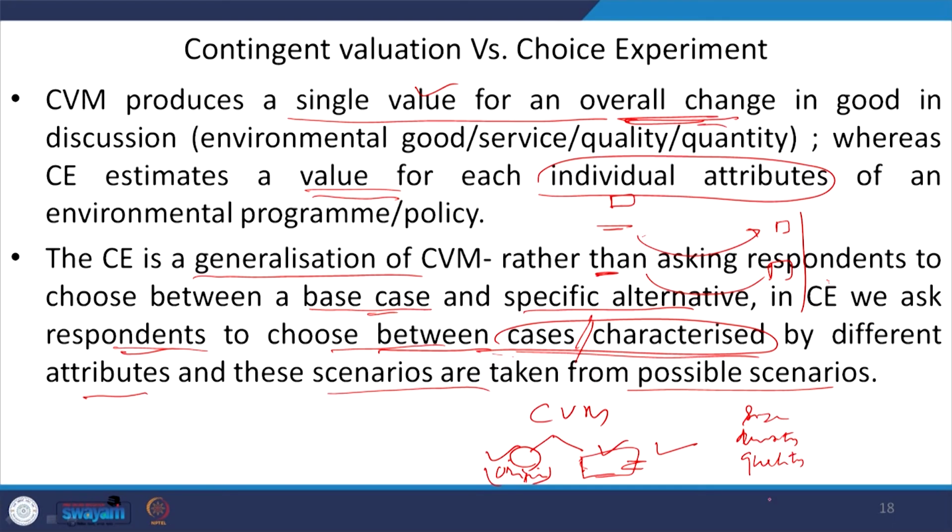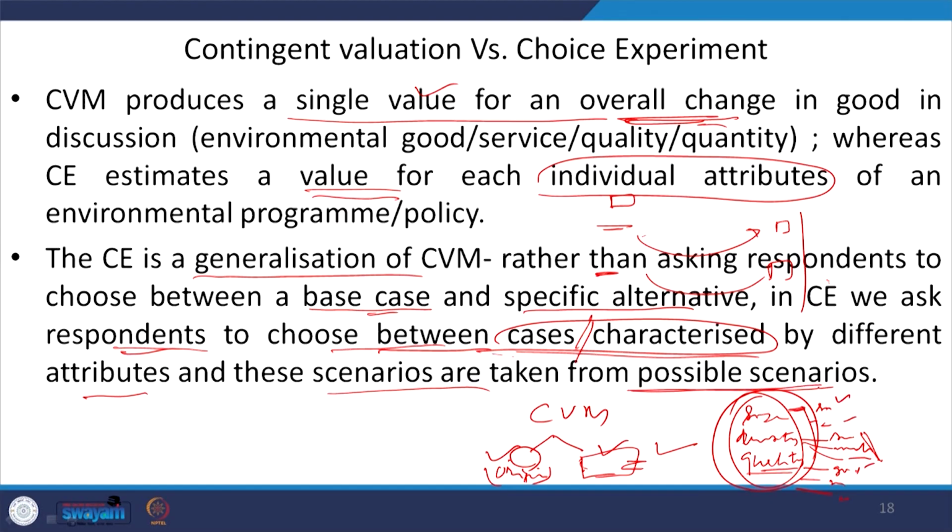Then, for these attributes and their levels: the size may be small, medium or large; the density may be scarcely, moderately or frequently available; and the quality may be good, moderate or bad. After identifying and labeling all these attributes, we will have a set of choices.